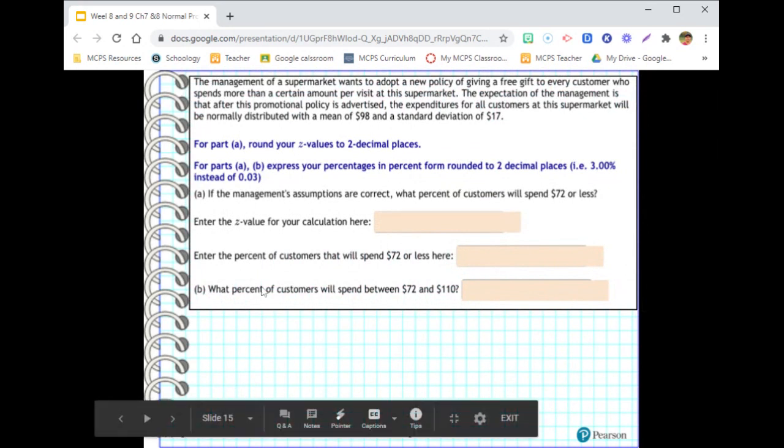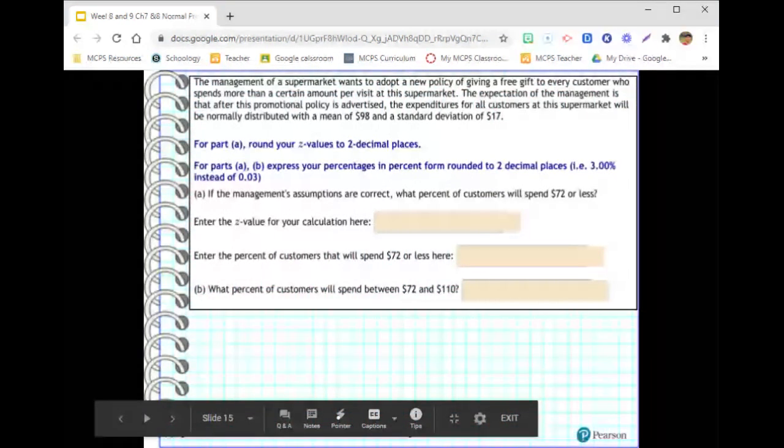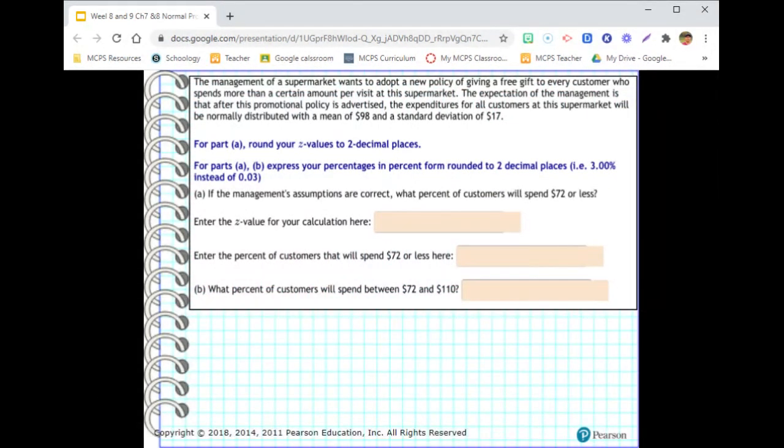Slide 15. That's the same thing, right? If the management assumptions are correct, this is similar to the supermarket problem. You have to get the Z score.